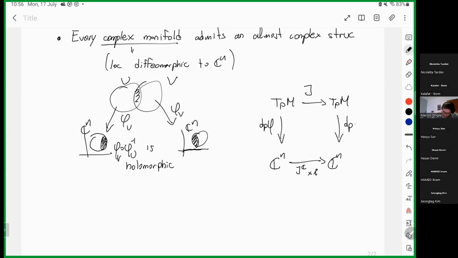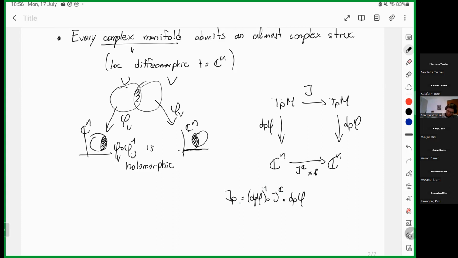Taking those maps and doing the composition with the J we already have, we can define J_p on T_pM just by the composition with this canonical J. So we are going from this to C^n, then from T_pC^n to T_pC^n, and then back.